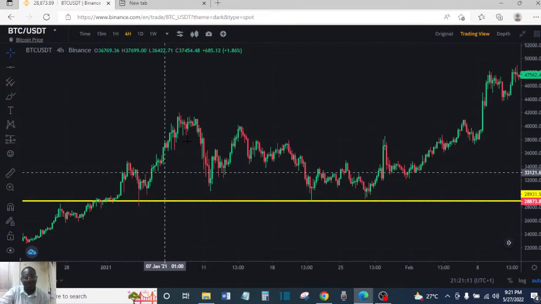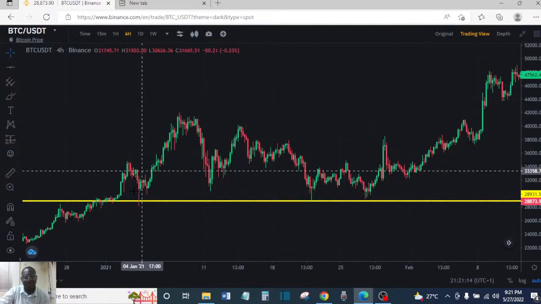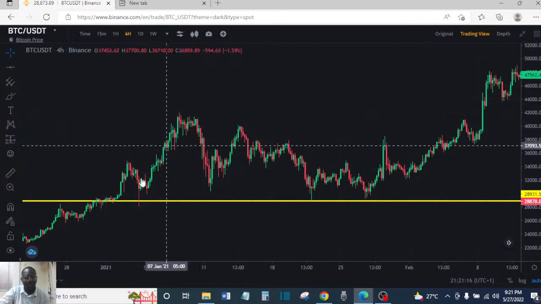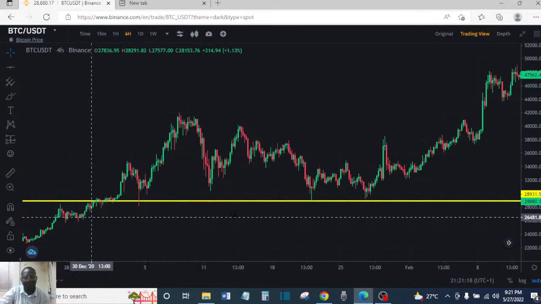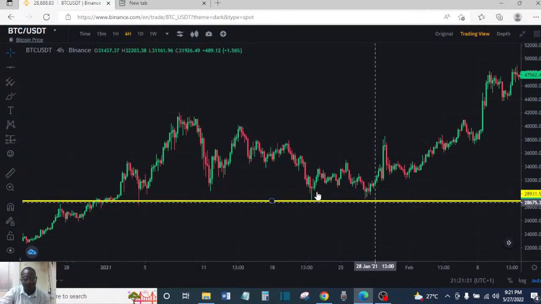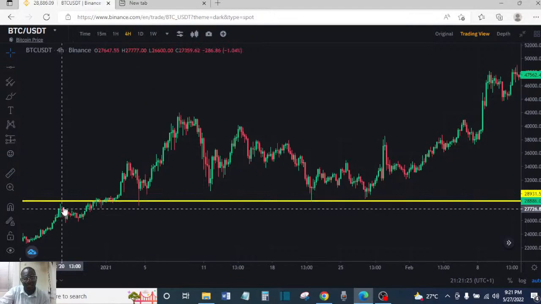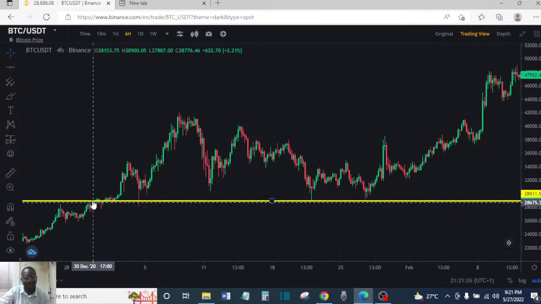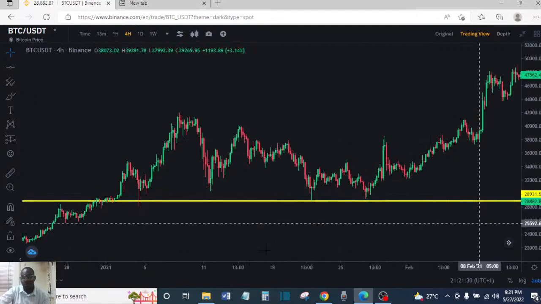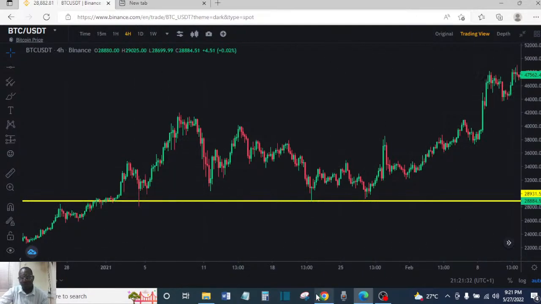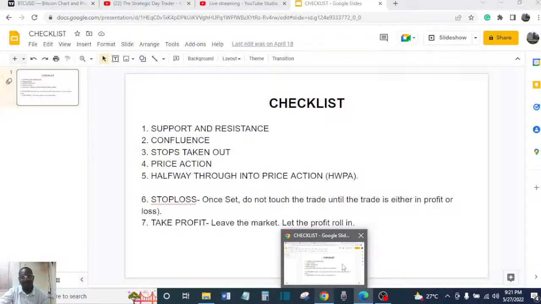You can see that there is a clear confluence of this area, that this particular area of this support line also confirms that it's also an area of resistance. In time past, there is confluence in this area. So what is the third point? Our stops taken out.